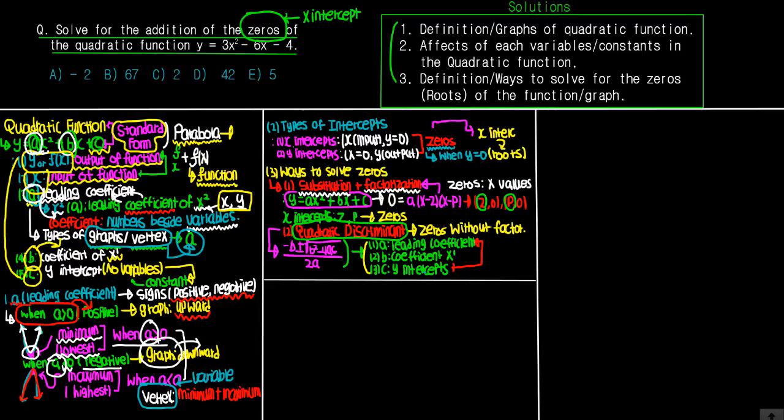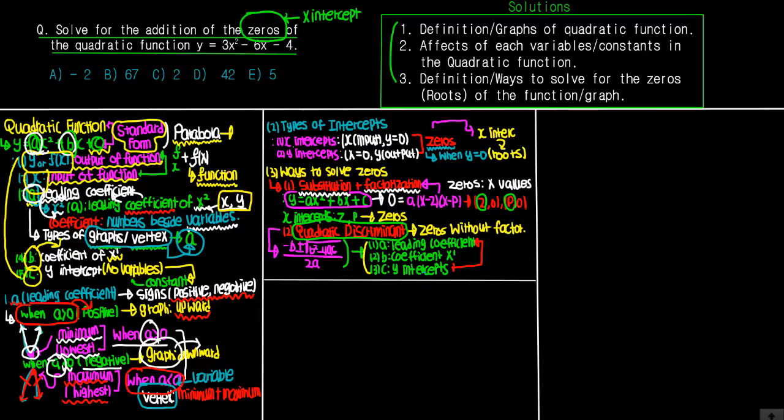It will contain one point, and we call it the maximum, or sometimes the highest point on our quadratic function's graph. And this will occur when the a value is negative.